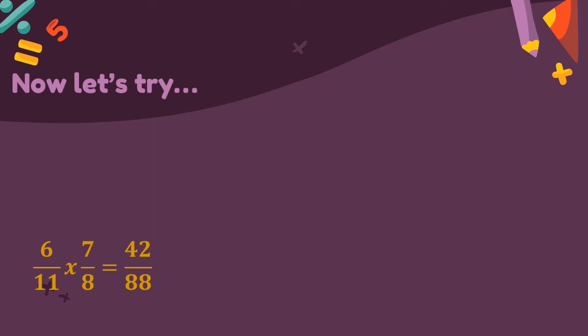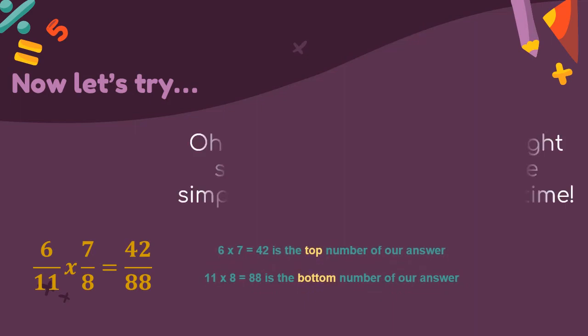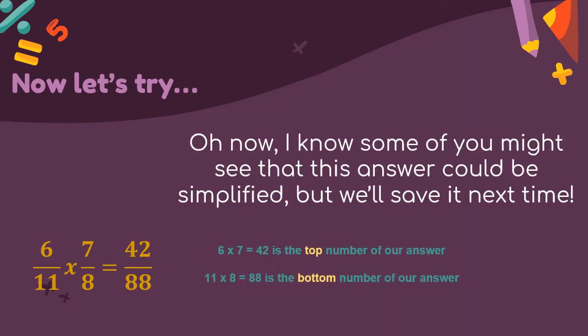And on the bottom, we have 11 times 8, which is 88. So 6 over 11 times 7 over 8 equals 42 over 88. Now, some of you might see that this answer could be simplified, but we'll save it for another video.